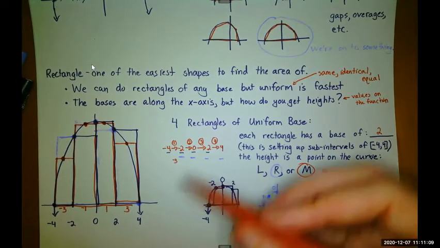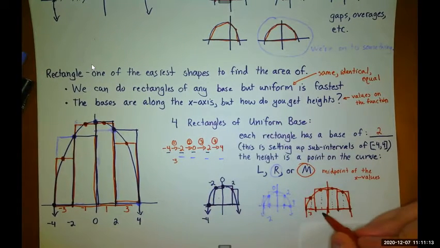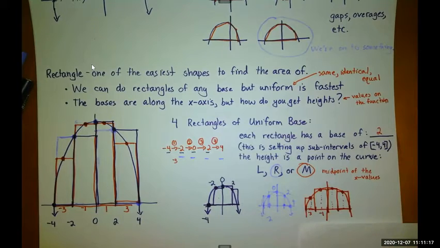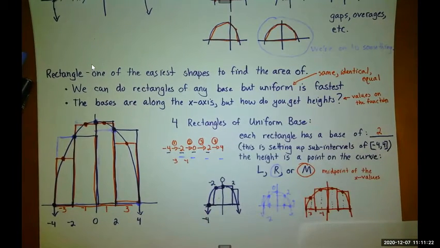Okay, for the next subinterval, we're going from -2 to 0, and we draw the height of our rectangle at -1. Where does -1 come from? -1 is the midpoint between -2 and 0. Again, a couple ways you can think about it. One way, you can say -2 plus 0 is -2, divided by 2 is -1.